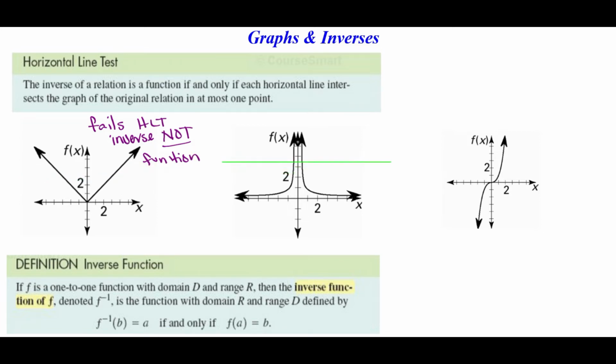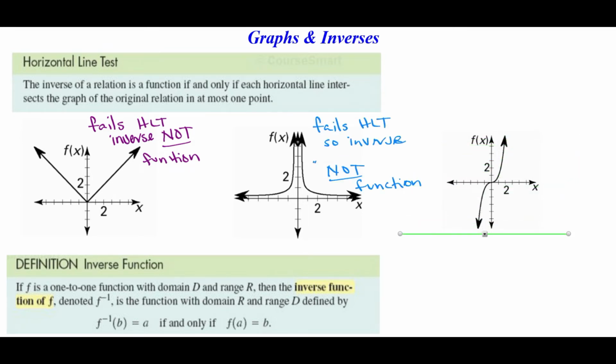So if we take a look here, this graph is going to fail the horizontal line test. So this graph fails the horizontal line test, which means the inverse is not a function. Moving the horizontal line over to here, again, we can see that this fails the horizontal line test and therefore the inverse is not a function. Over here on this one, we can see as we move this all the way down from top to bottom or bottom to top, this is passing the horizontal line test because this horizontal line is never intersecting the graph in any more than one point. So this one passes the horizontal line test and therefore the inverse is a function.